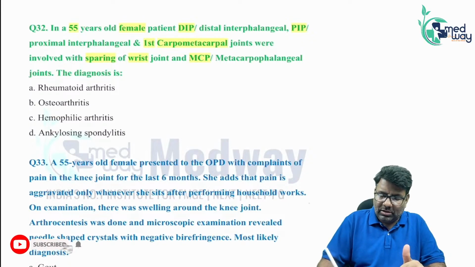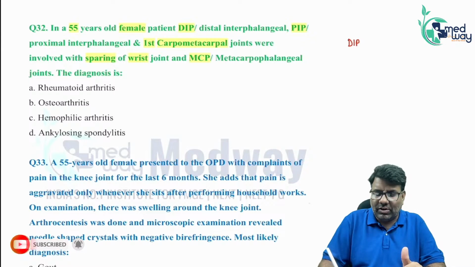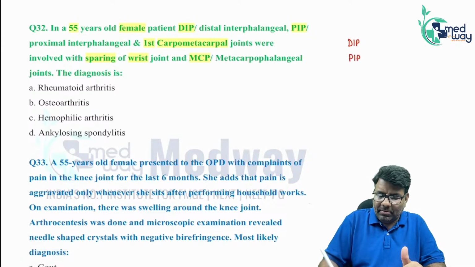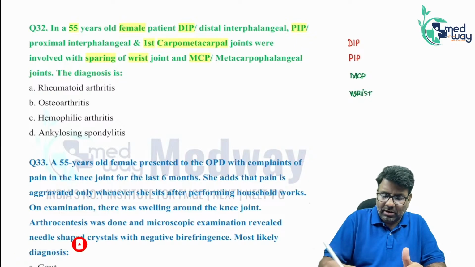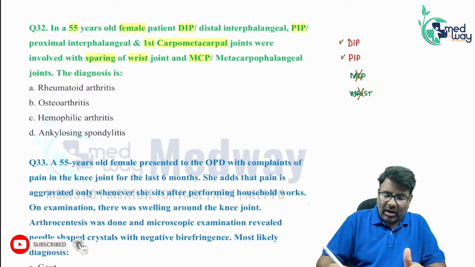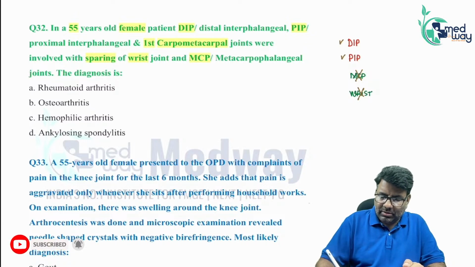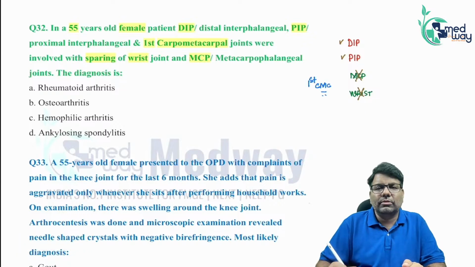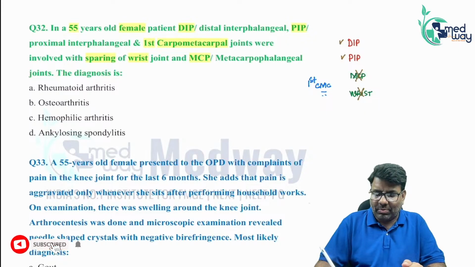See, what is involved? DIP, that is distal interphalangeal joint, PIP, right? And there is no involvement of MCP, and no involvement of wrist. So, this is not involved, this is not involved. These are involved. And first CMC, that is thumb, base of thumb, first carpometacarpal.